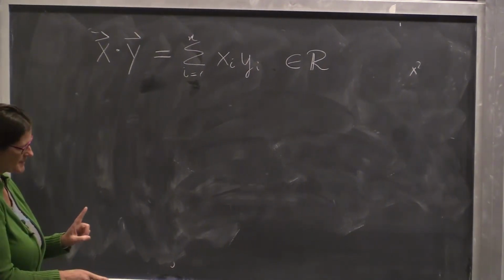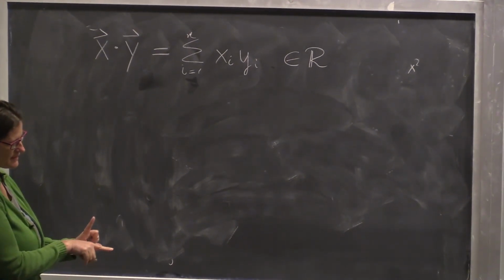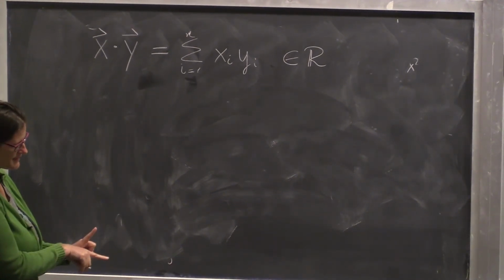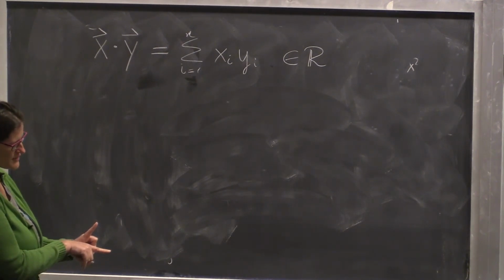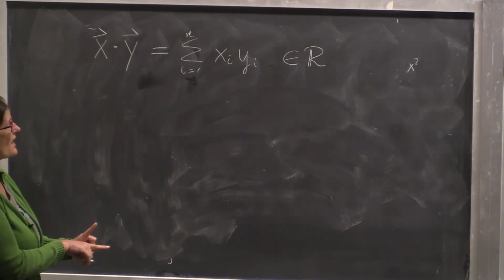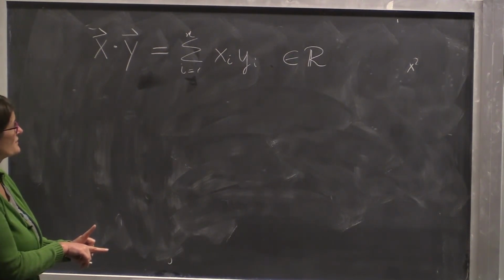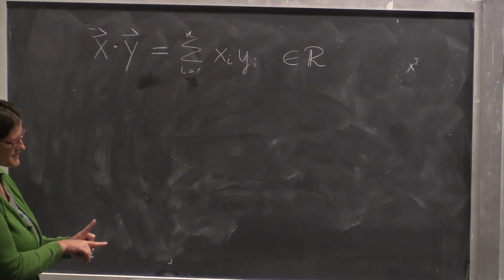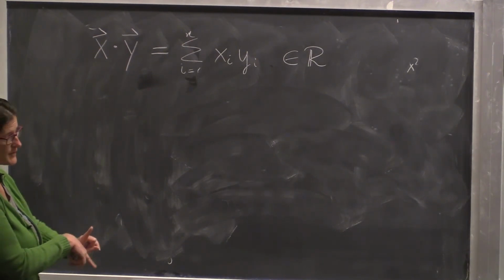Because any two vectors in Rn span a plane, if you look just within the plane spanned by the two vectors, you can apply the law of cosines. Once you unwrap it, it allows us to relate the dot product between the two vectors to the length of the first vector, the length of the second vector, and the angle between them.